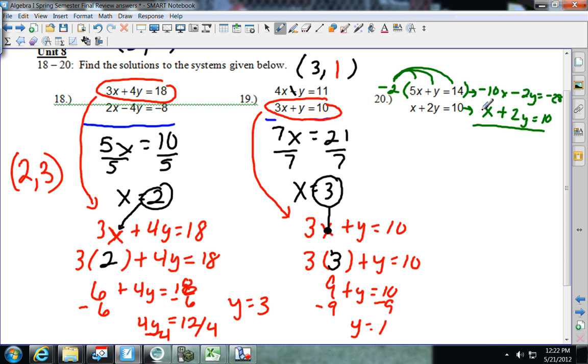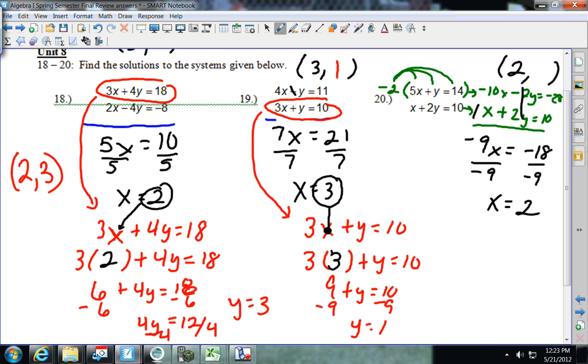Negative 10x and 1x is negative 9x. The y's go away. This is negative 28 plus 10, negative 18. Divide by negative 9. A lot of people tell me that that's 9. X equals 2 because negative 18 divided by negative 9 is 2.